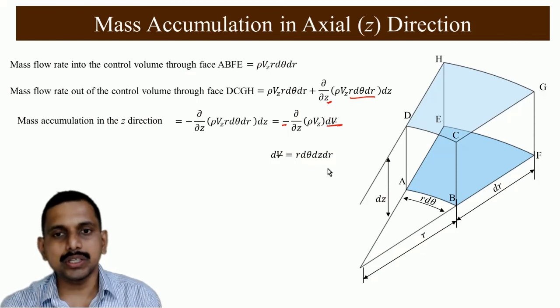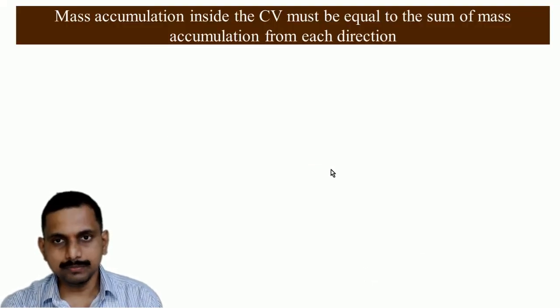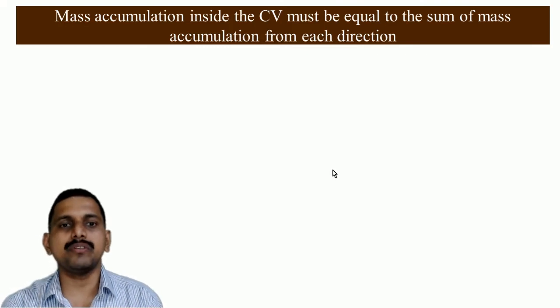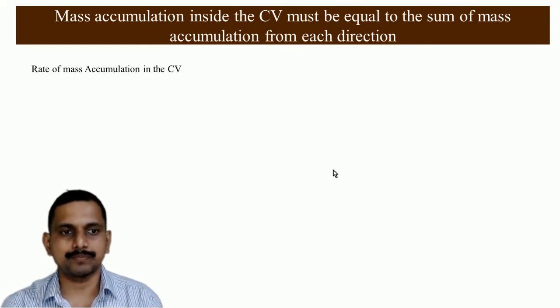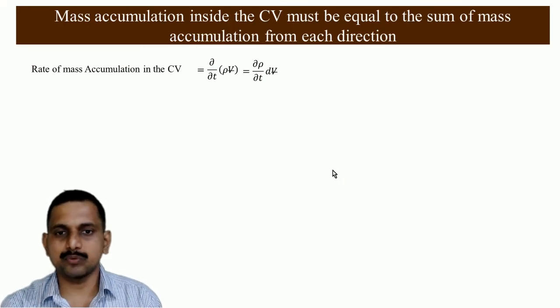Okay, so now let us see the mass accumulation inside the control volume. That must be equal to the sum of the mass accumulation from each direction. So what is the rate of mass accumulation in the control volume? That is given as d/dt of rho into V, and since we are taking volume as constant, this is equal to ∂rho/∂t into dV.